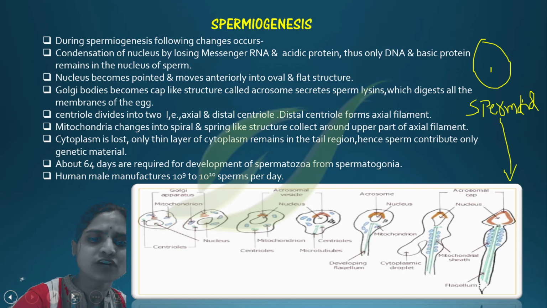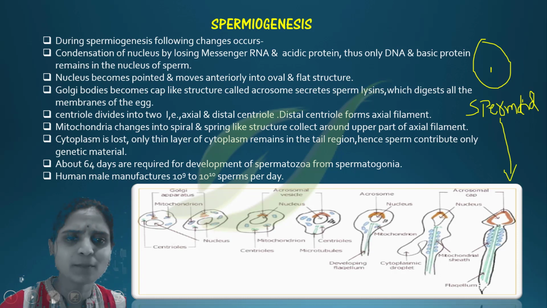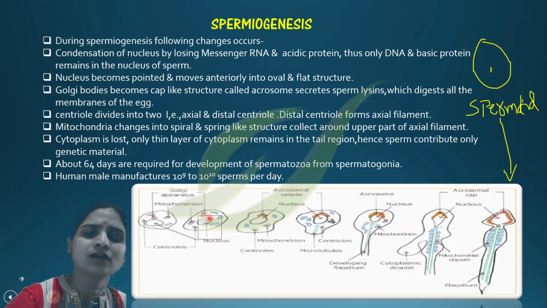First of all, the nucleus. The nucleus will start undergoing condensation. Condensation means it is becoming packed tightly, closer. All the contents present in the nucleus become condensed, tightly packed. While undergoing this condensation, it loses messenger RNA and acidic protein.